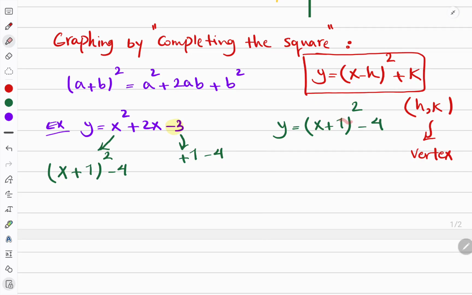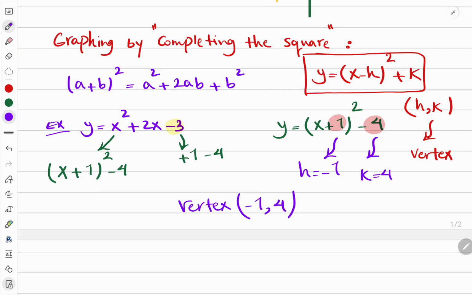You can see here we have positive 1 and negative 4. So minus h is positive 1, so h is negative 1 and k is negative 4. So the vertex point is negative 1 and negative 4.